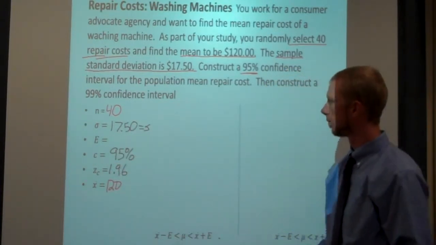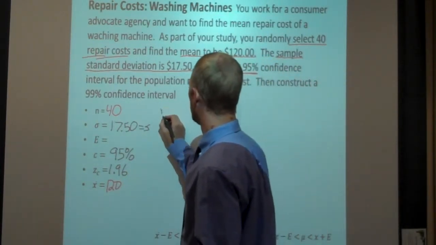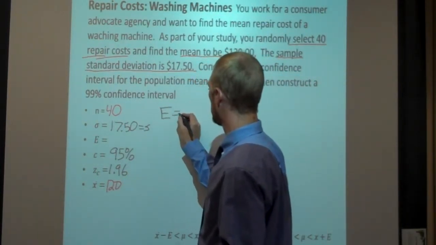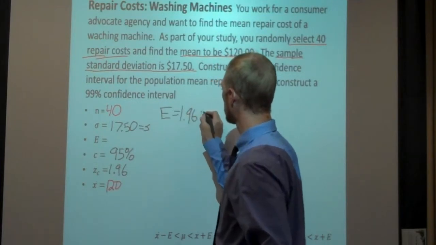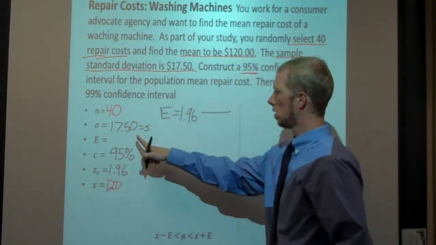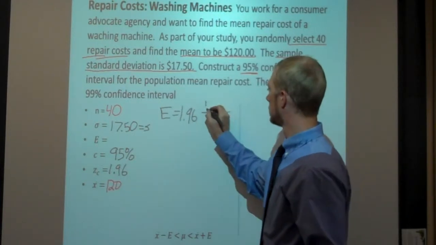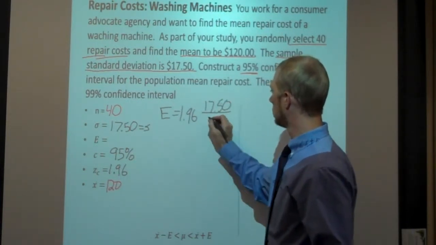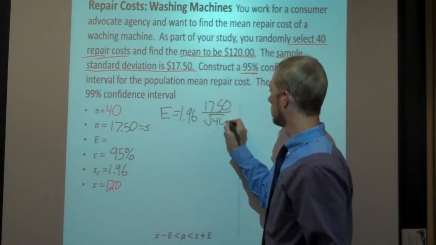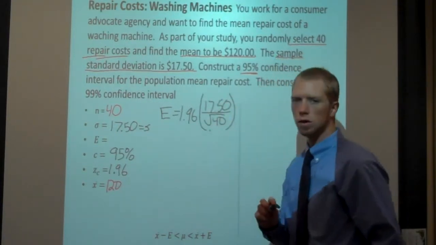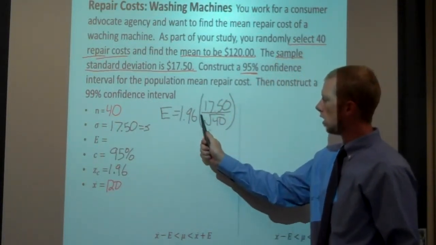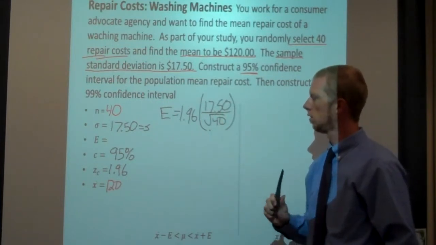So now I've got to find my margin of error so that I can perform this function here. I'm going to set up the equation. E equals 1.96 times my sigma, which I'm going to use S to estimate, 1750 over the square root of 40. Note, if you're putting this in your calculator, make sure you put parentheses here.